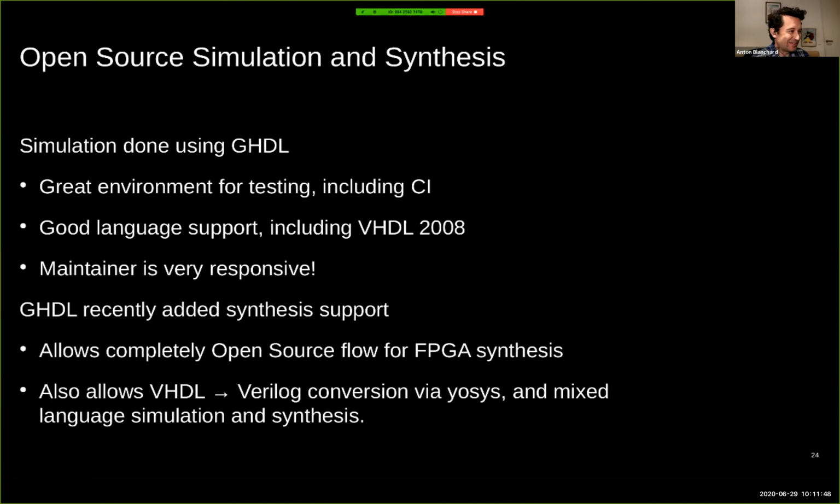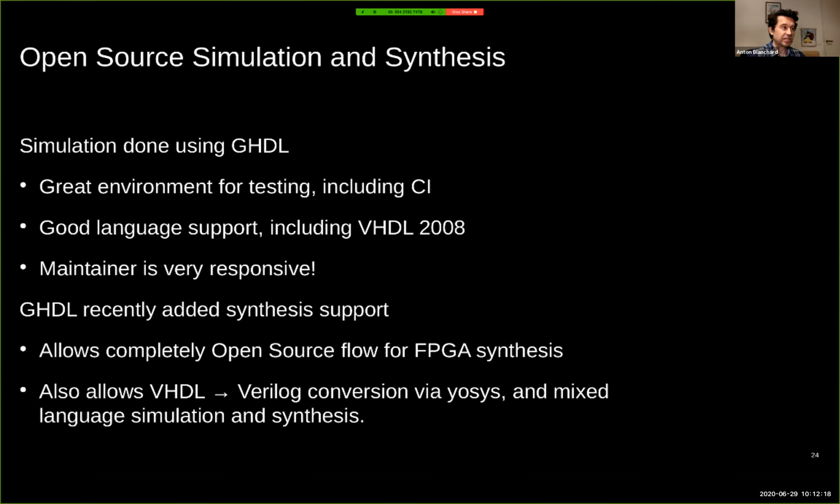A bit of a plug for Tristan here: the maintainer is very responsive, which has been great. As we've found gaps, Tristan's added that, and that's another great thing about working in the open source realm. I think the tooling improves, and you have the ability for things to move quicker than maybe in the proprietary space. Now, one interesting thing that's only happened over the last few months is GHDL has actually added synthesis support.